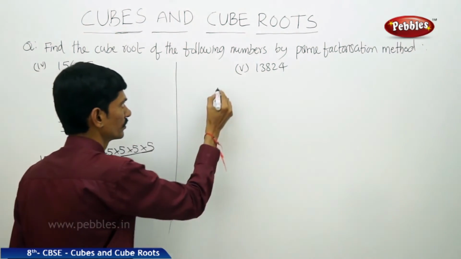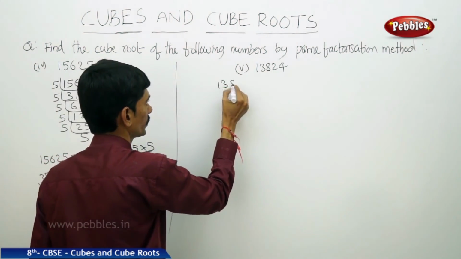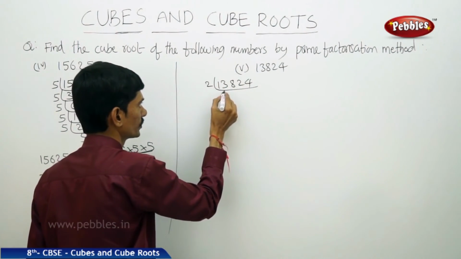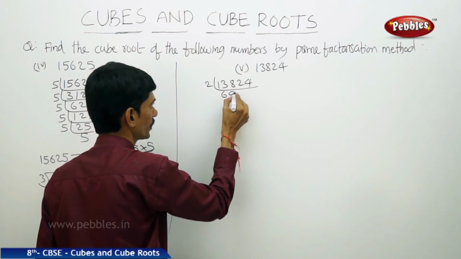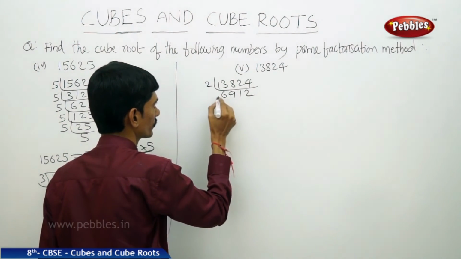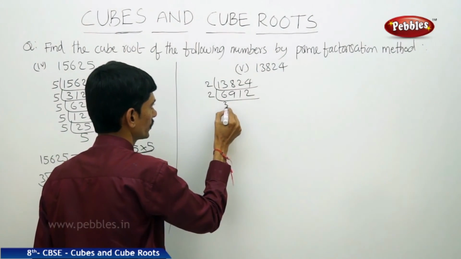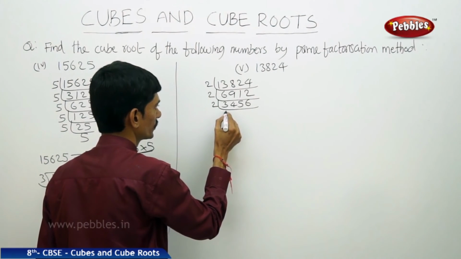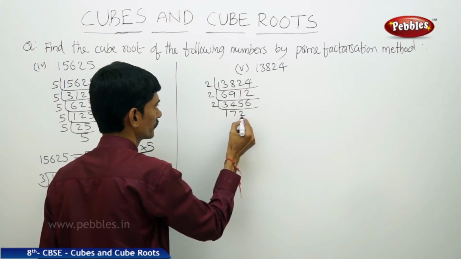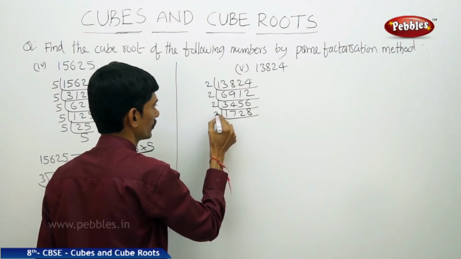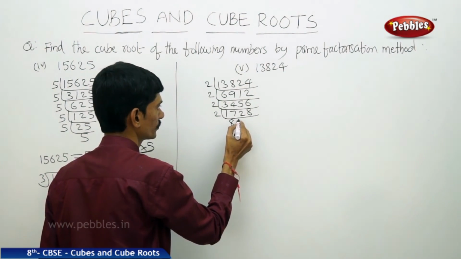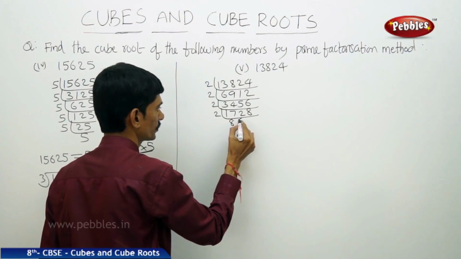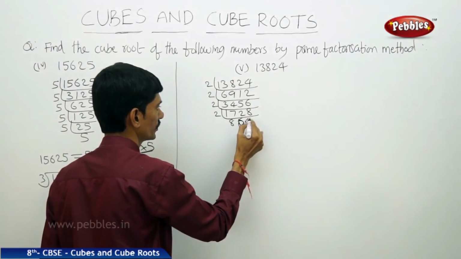Next, 13,824. We will divide by 2. 2 6s are 12, 2 9s are 18, 2 1s are 2, 2 2s are 4. Next, 2 3s are 6, 2 4s are 8, 2 5s are 10, 2 6s are 12, 2 1s are 2, 2 7s are 14, 2 2s are 4, 2 8s are 16, 2 1s are 2, 2 6s are 12, 2 4s are 8.